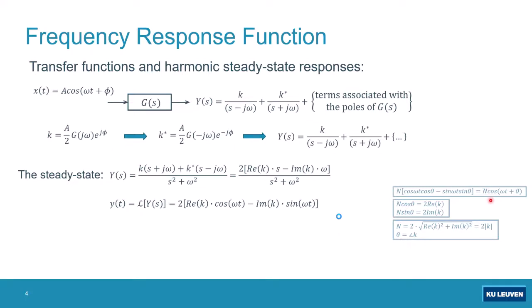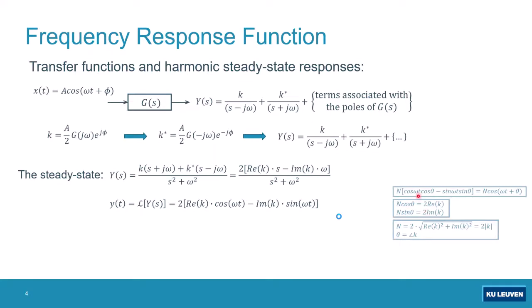If I have this form, n cos omega t cos theta minus sine omega t sine theta, it will be equal to n cos omega t plus theta, where n is equal to, if we look at this, cos theta is analogous to this real part of k, while sine theta in my case here is equal to n sine.